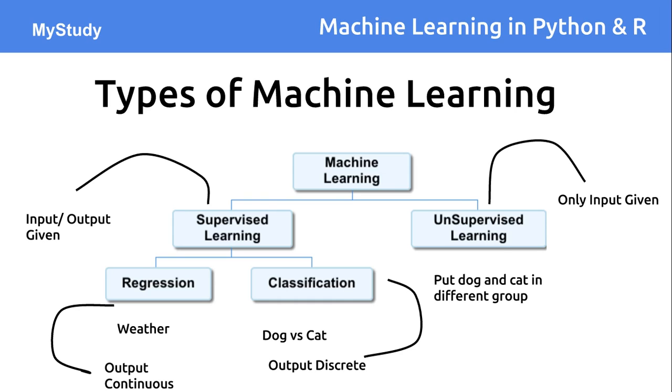So the major difference between supervised and unsupervised learning is that input is given in both cases, but output is given only in supervised learning. And in supervised learning, we again classify the problem into two categories, regression and classification, based on output. If the output is continuous, it's a regression problem and we can apply all regression algorithms, and if the output is discrete, it's a classification problem.